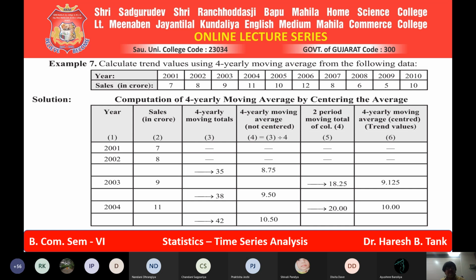Now a centering process is to be done. Since it is an average, make a bunch of two averages. Means 8.75 plus 9.50.